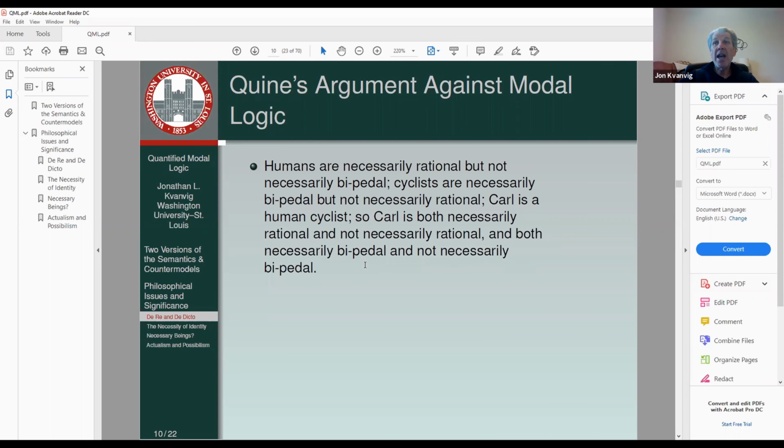So it is on the backside of the sentence attached to the property itself. The de re readings were the least plausible of the readings. The de dicto reading was the one that makes it sound like you said something true. But you can't get this contradiction about Carl without relying on the de re readings.